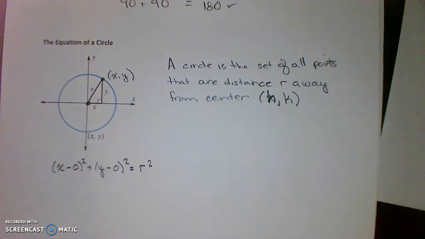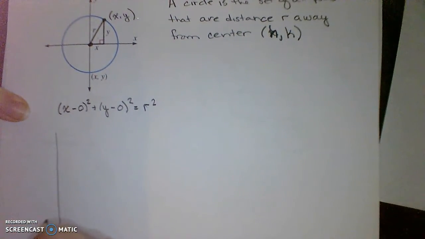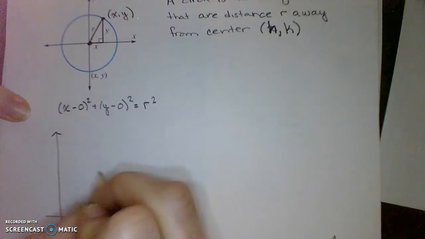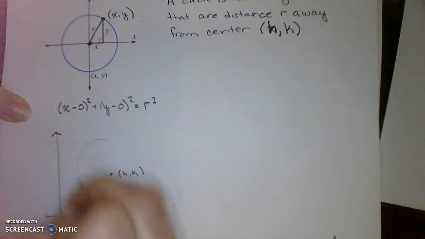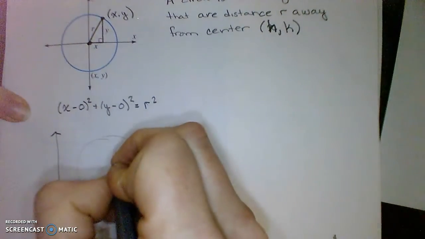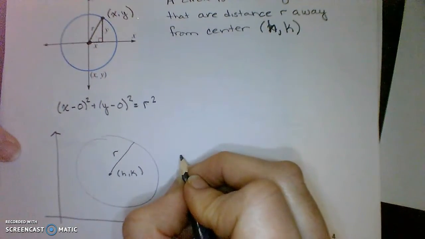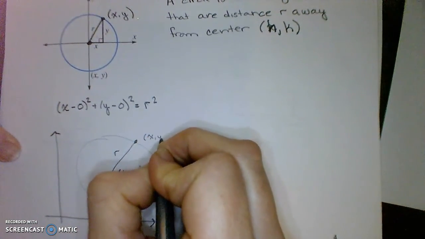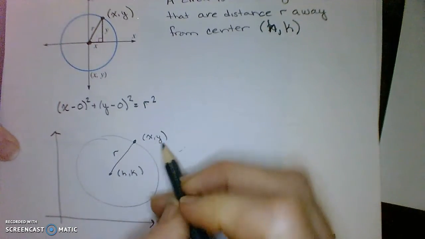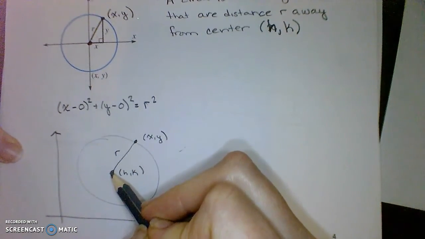And from this, we can imagine having a circle that is centered anywhere else in the plane, say at some point h comma k. The circle of radius r centered at h comma k would be the set of all points x comma y, where the distance from this point to this point is exactly equal to r.